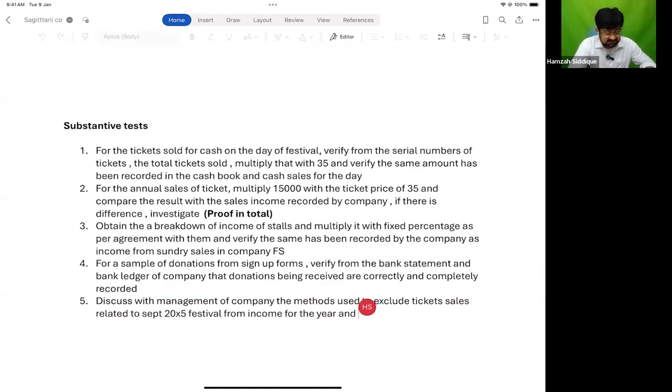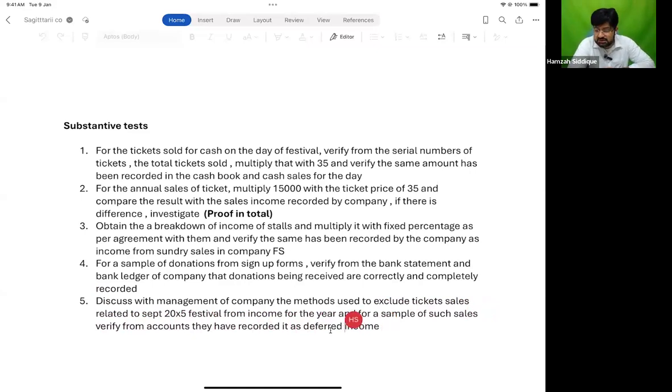And assess how they are recording it, and for a sample of such sales, verify from accounts that they have recorded it, meaning management has recorded it as deferred income and liability.